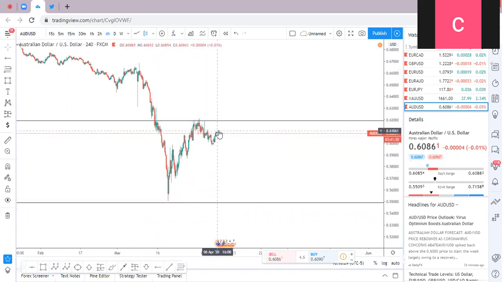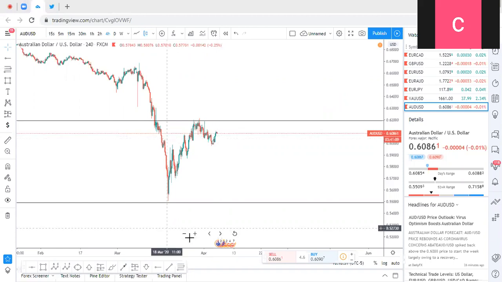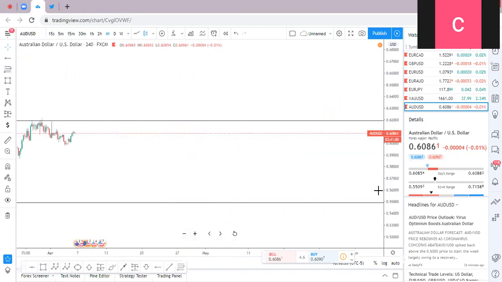Then price is having difficulty moving past this 0.5 area. Let me check the chart. Okay, so it started dropping already. It got rejected around that area.